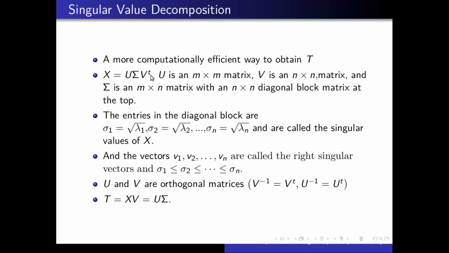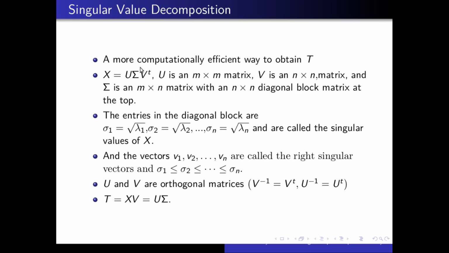This V transpose is exactly the same V that we obtained in the earlier calculations. So we still get our V, although we have a few other matrices here, U and sigma. We are more interested in this V, but this technique of a singular value decomposition is more efficient in computing V or computing T, as we shall see later.